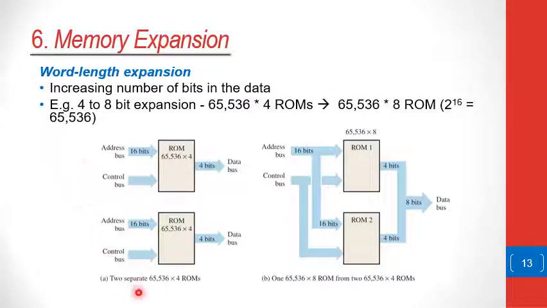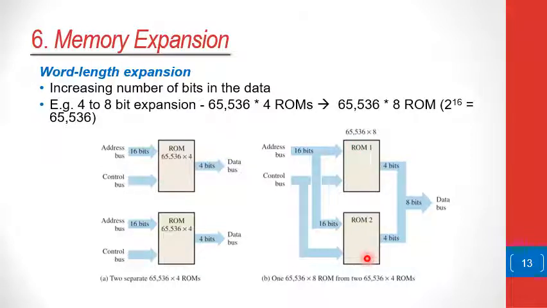So in this case, we have these two separate 64K ROMs, which have the address bus and the control bus, and they each store 4 bits, and then they can each retrieve 4 bits of data onto the bus. So we need to expand the word length to 8 bits. And the way we do it is to arrange them this way.